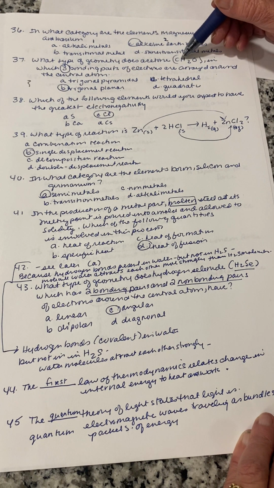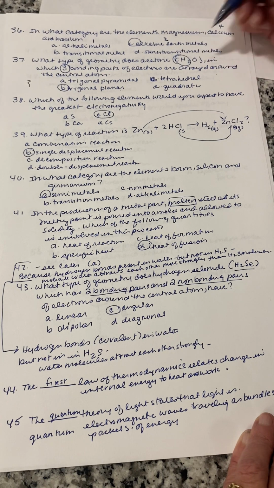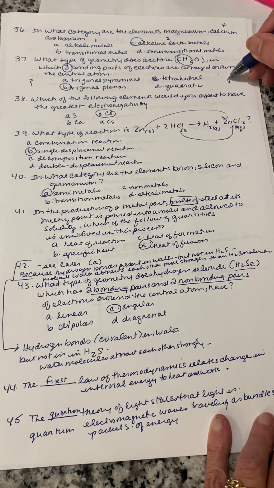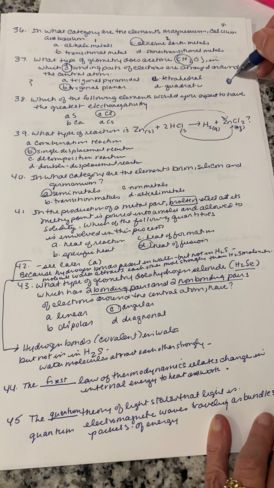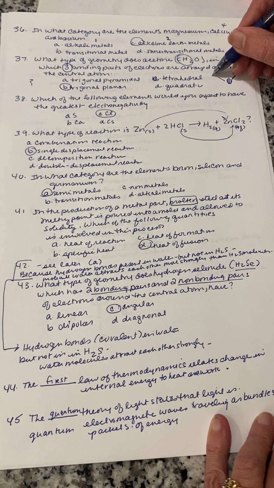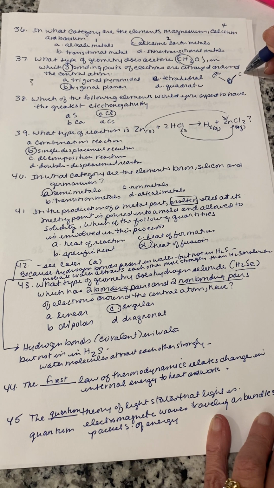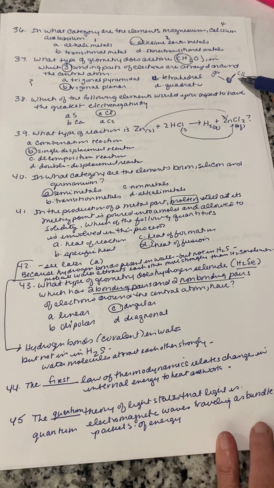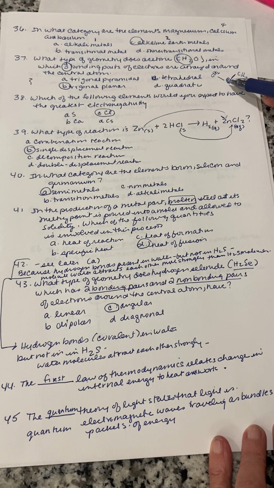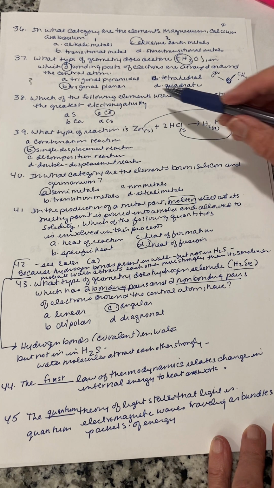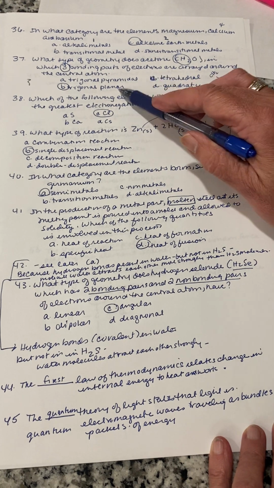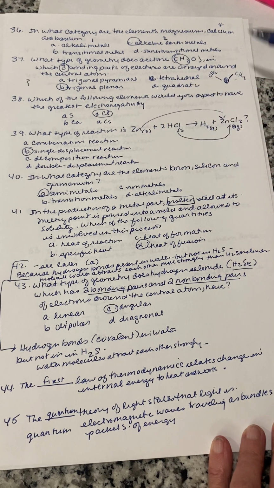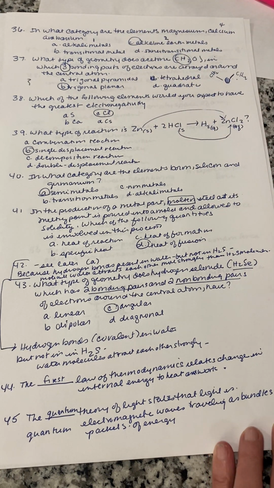So CH2, this is a molecule by itself, and then the O. So you're going to have oxygen, and then you're going to have the CH2. So they want to know which one it's going to look like. Well, because 3 bonding pairs of electrons are around, you have 3 bonding pairs. So it's either going to be this one or this one. I don't know, B or C. It looks like it's going to be B because it doesn't look like a tripod, huh?